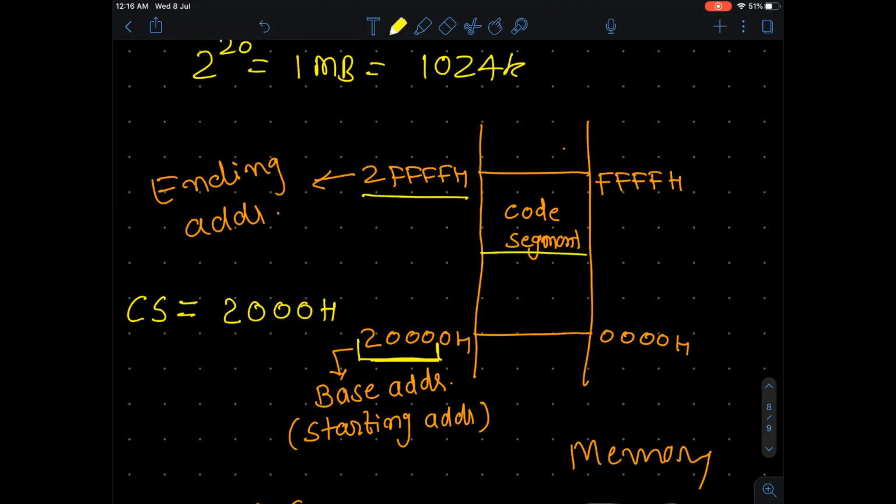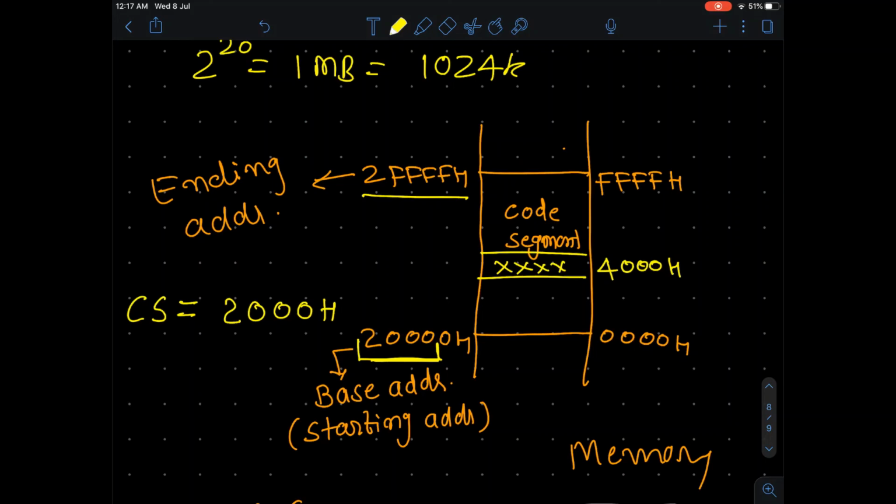Now, as far as this 64K is concerned, suppose there is any instruction here. Say this instruction is at the address 40000. As far as this 64K is concerned, this is the starting address 0000 and this is the ending address FFFF. Now any instruction is there and this instruction has to be read by the microprocessor.